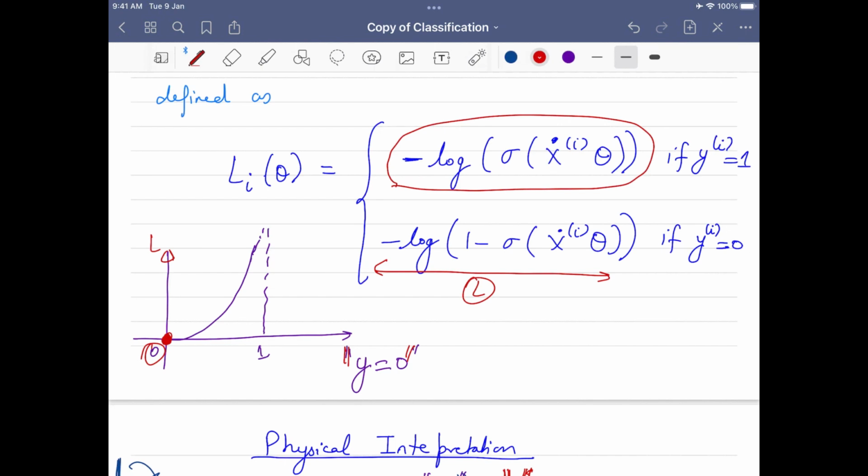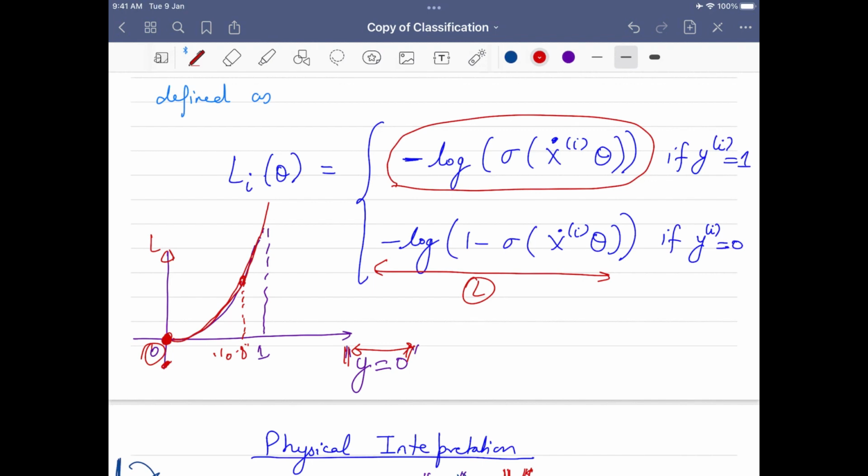But if your machine predicts a value of 0.8, but the actual label is 0, then the loss is increasing. As you move away from y equal to 0, the loss is continuously increasing. So again, this is also convex and not non-convex.